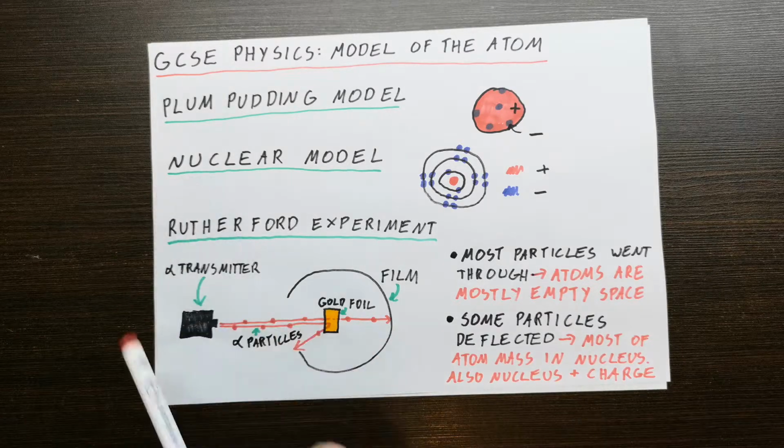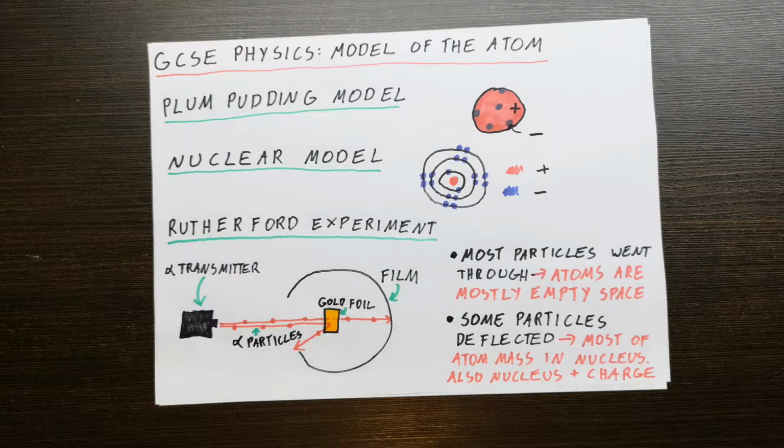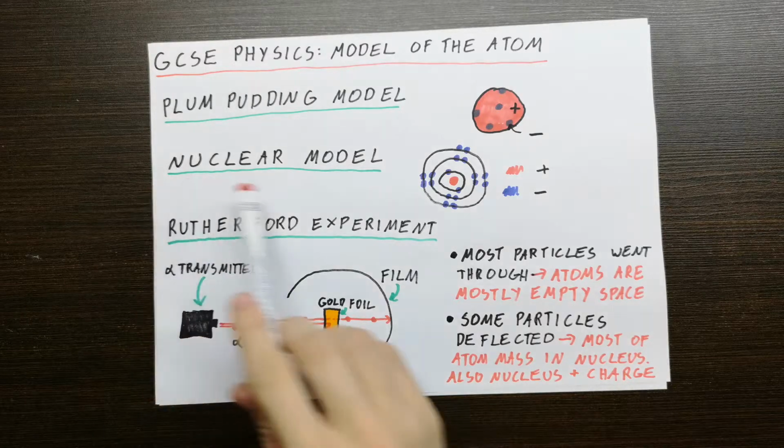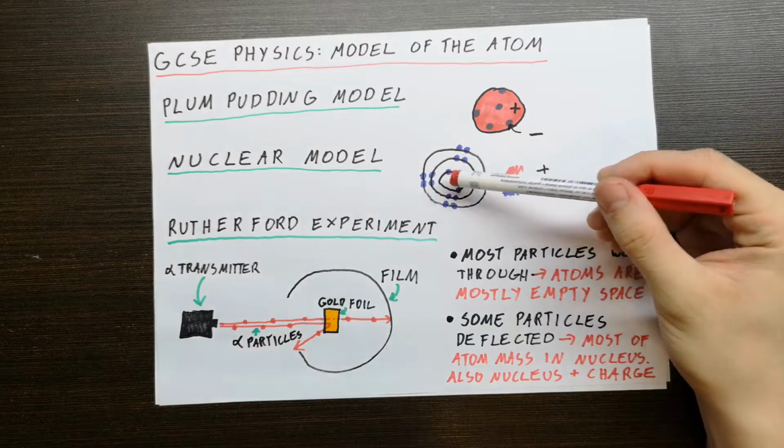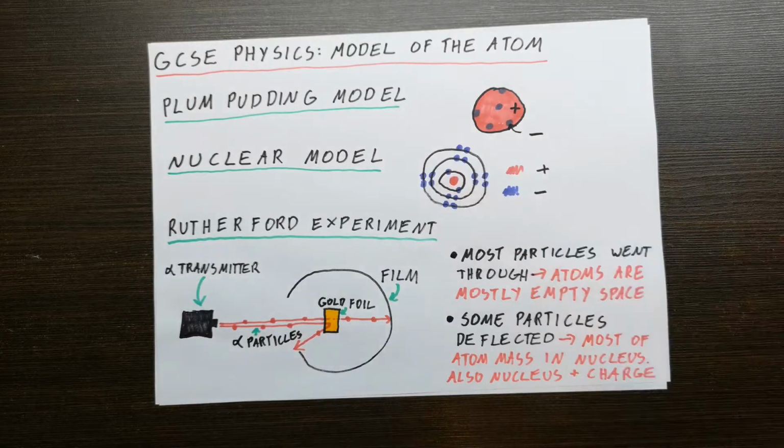Before we move on to the experiment, let's think about the current model of an atom. What does an atom look like currently? The current model is a nucleus with a high mass, and that nucleus is positively charged. That's where all the positive charge and most of the mass is concentrated.